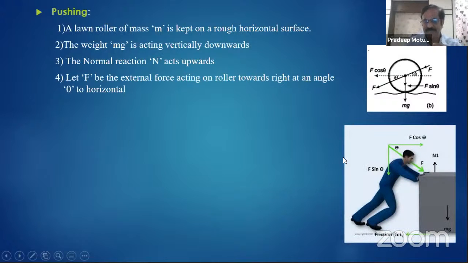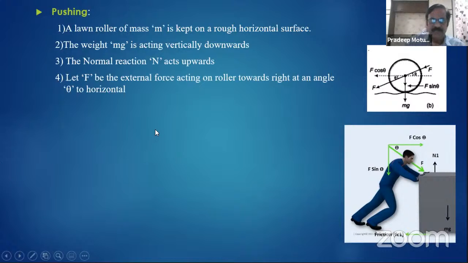Just have a look here. The man is pushing. This is the force which he is applying. If you resolve this force into two components, one is F cos theta and the other is F sin theta.